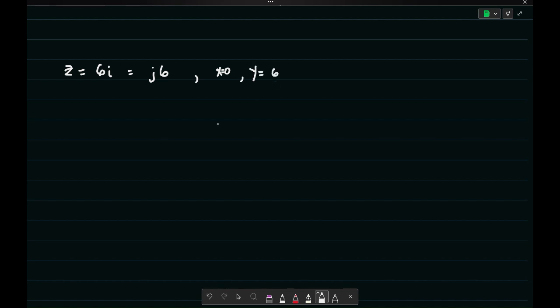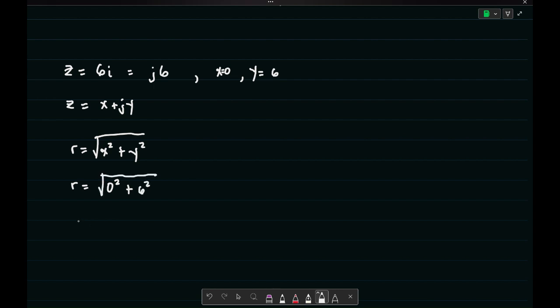That is the form z is equal to x plus jy, in the first quadrant. Therefore, r is the square root of x squared plus y squared. Then r is equal to the square root of 0 plus 6 squared, so r is the square root of 36. Then r is equal to 6.